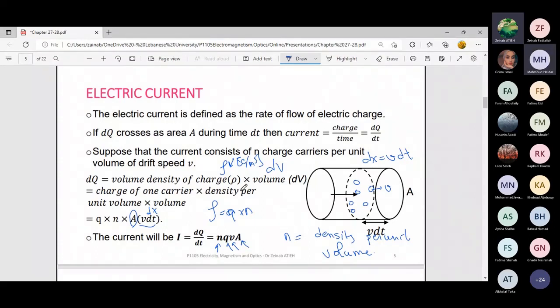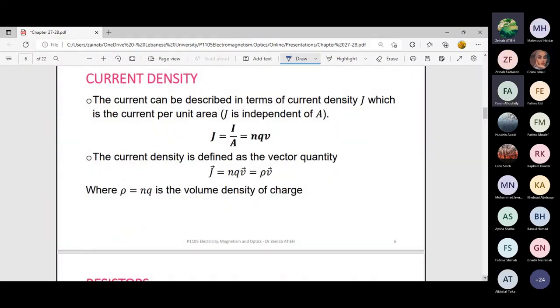Sometimes we define something different: the current density. What is current density? We have seen that I, the current, depends on the area. When the area increases, the current increases. So we define something called the current density, given the notation J. J is equal to I over A. Simply we divide I, which is equal to nqvA, by A, and we get nvq.